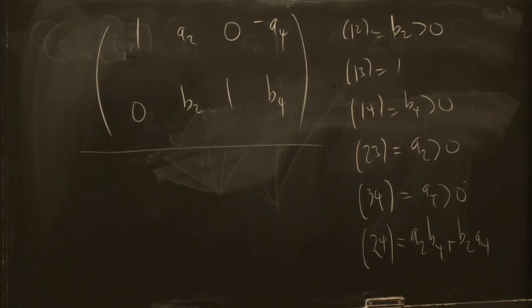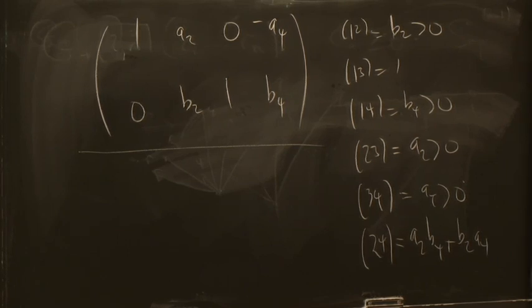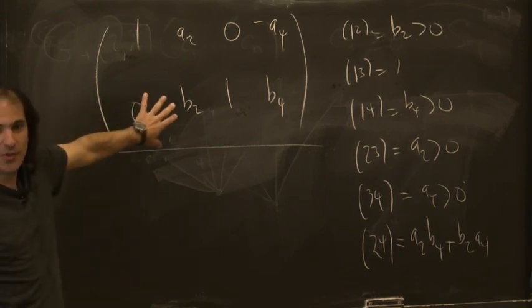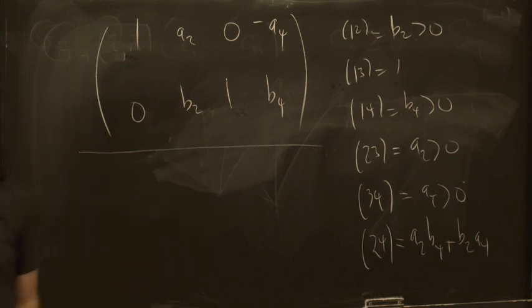Now we can keep going and ask for the other things that we've seen that we could do with simplices. For instance, there's a canonical form associated with a simplex. So what is the canonical form that should be associated with the positive Grassmannian?